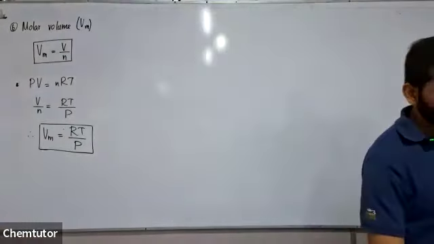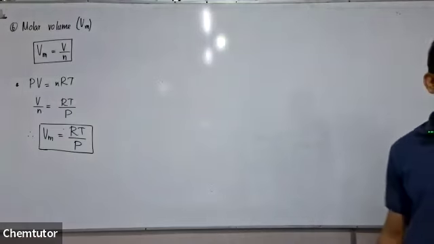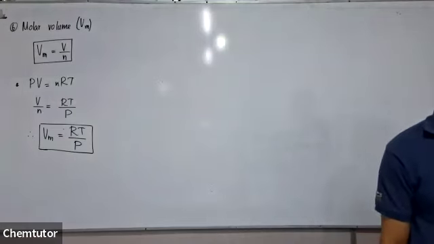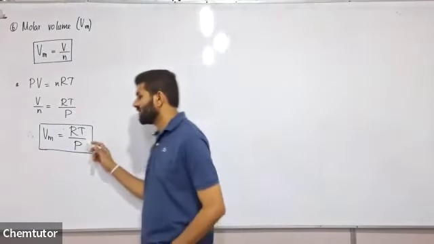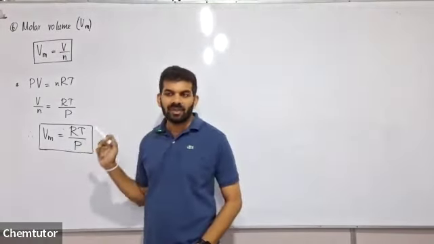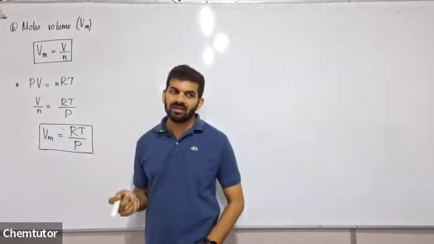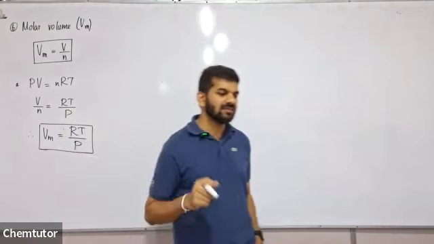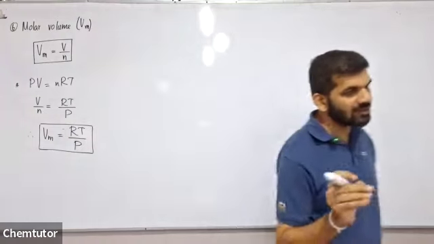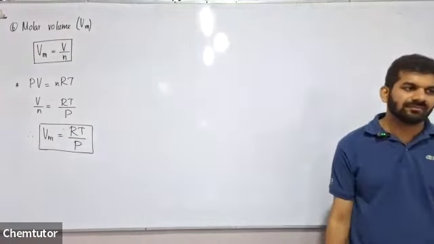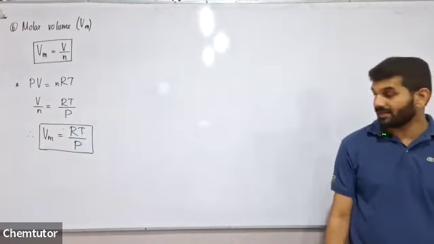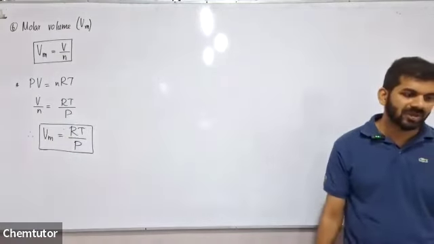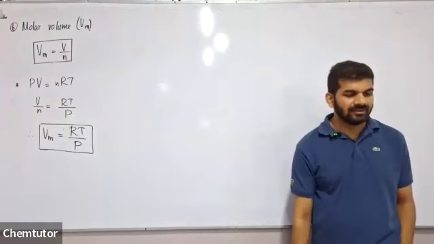So we saw that molar volume equals RT over P. Okay. So for this temperature and pressure, we can consider two conditions. We can use a standard pressure, that is 1 atm, and there are two temperature conditions, that is 0 degrees Celsius and 25 degrees Celsius. So there are two different values at those two conditions.